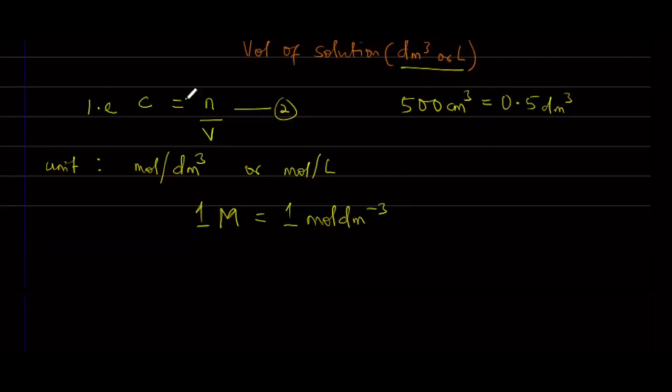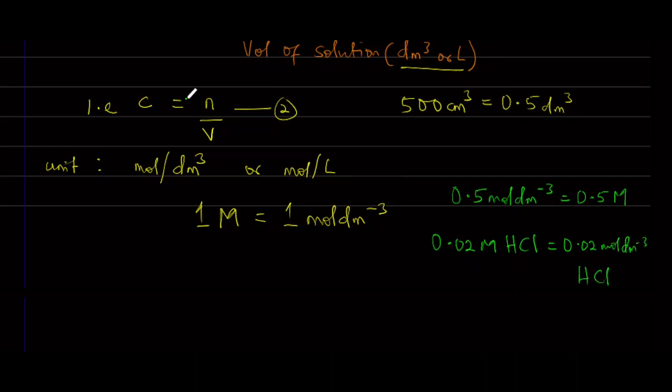For example, I can say 0.5 mole per Dmq is also written as 0.5 molar, capital letter M. 0.02 molar HCl can also be written as 0.02 mole per Dmq HCl. So we have analyzed the first chemical unit that we have for concentration of solution.